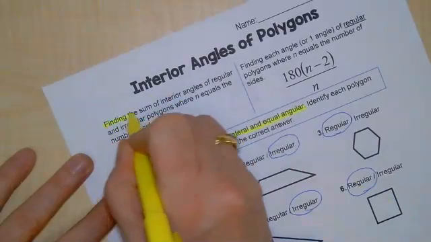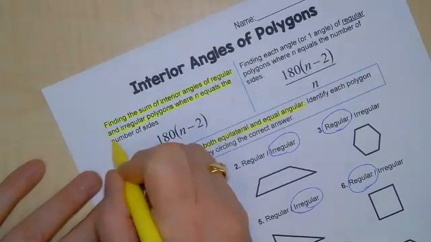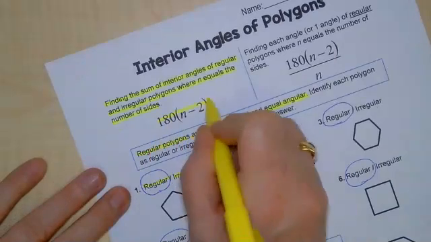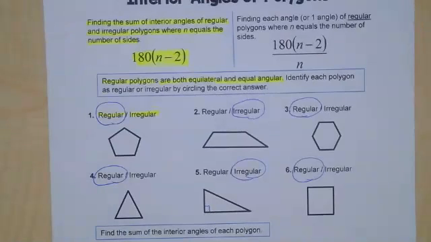Finding the sum of all the interior angles in a polygon is going to be 180 times the number of sides minus 2. So let's think about what they're saying there.